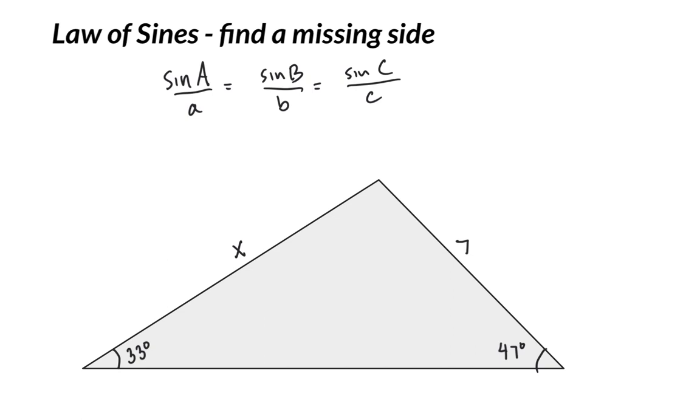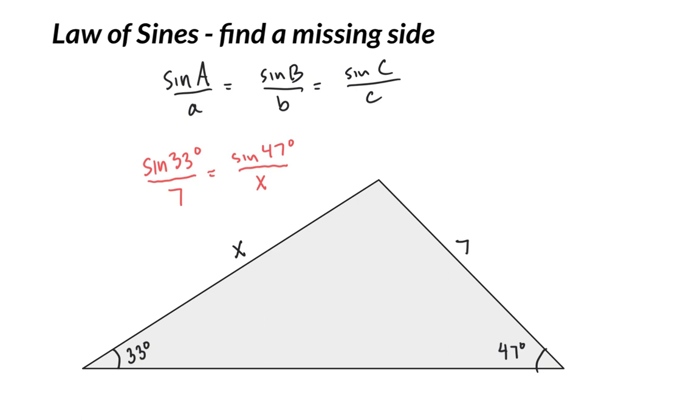But let's set up our law of sines. We know that the sine of 33 divided by the side across from it is equal to the sine of 47 divided by the side across from it. Now, you certainly can do the algebra right away.